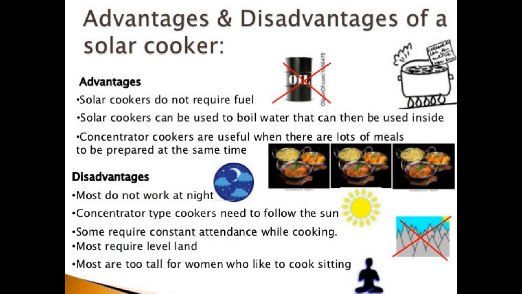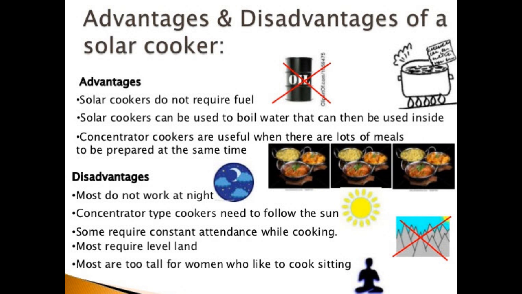Now let us see the advantages and disadvantages of the solar cooker. The advantage is that they do not require any fuel like LPG, CNG or PNG, children. They can even be used to boil water inside the cook pot, children.